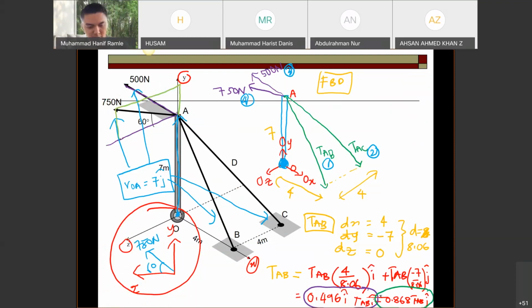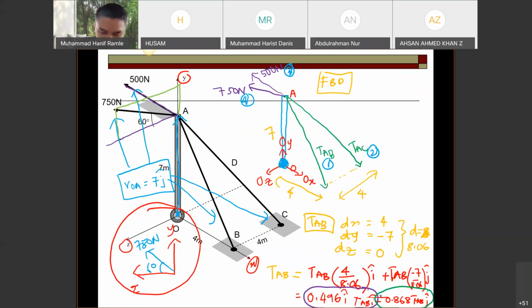So the 750 Newton belongs to the Y and Z plane.